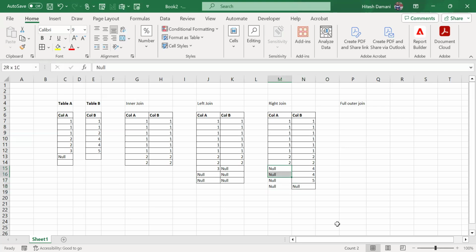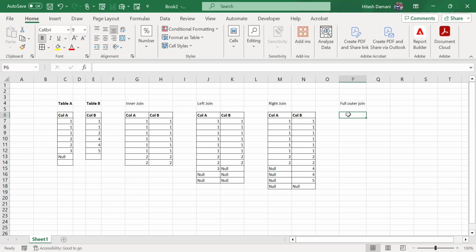Now, what will be the output of full outer join? Full outer join is nothing but a combination of inner join, left join, and right join. All the records which we are getting in inner join will be part of full outer join.